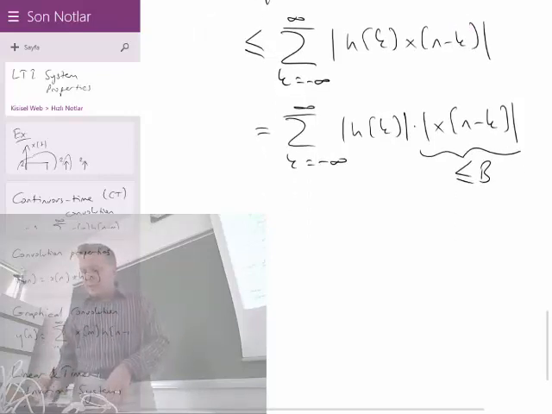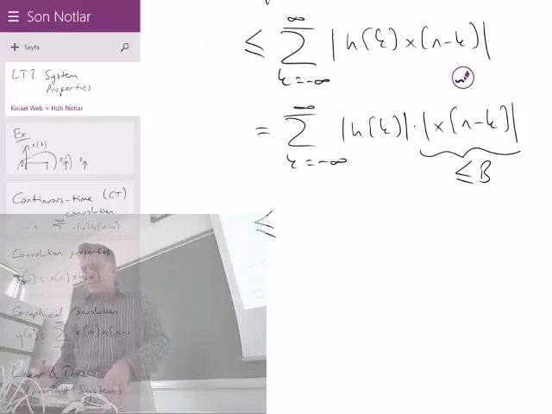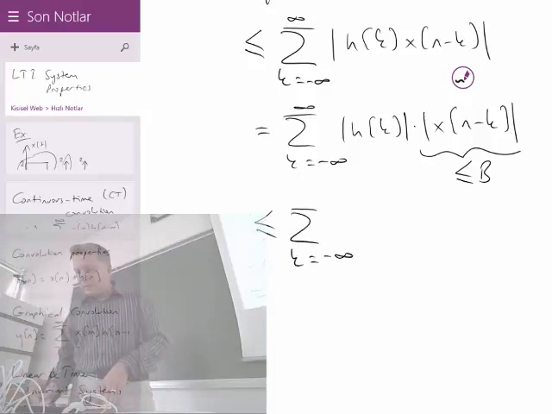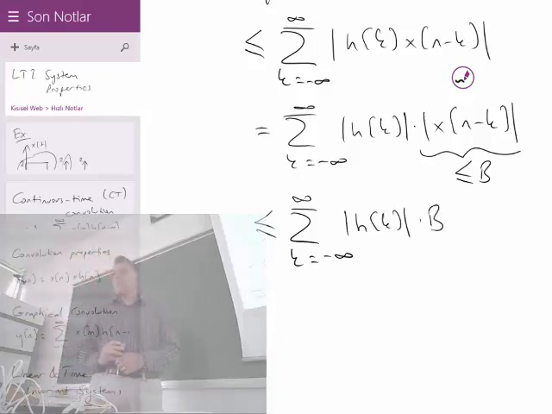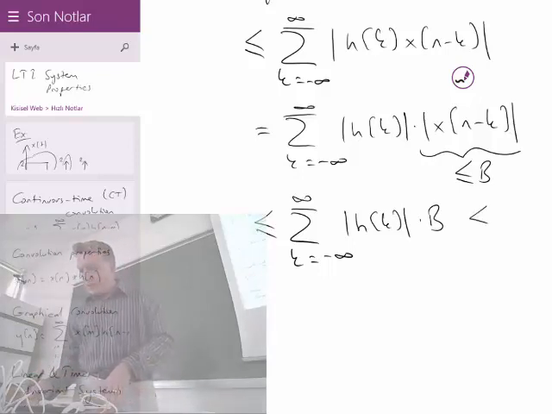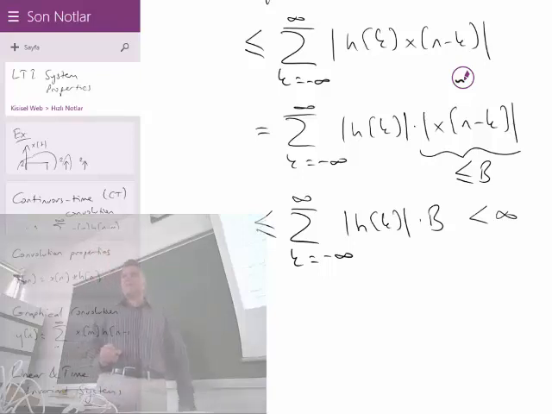So I'm going to write it like this. The summation this time will be smaller than or equal to the sum over k from minus infinity to infinity of the absolute value of h of k times B. And I want this thing to be less than infinity, finite.